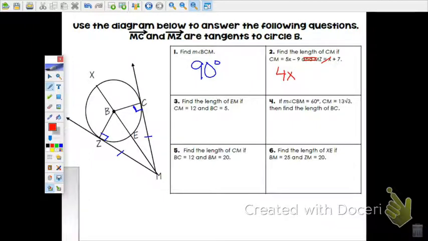I'm going to add 9 to the other side to get 16. So then x is equal to 4. They want the length of CM. So I need to plug that back in. CM is 5 times 4, which is 20, minus 9, which is 11. If I plug 4 in for MZ, 4 plus 7 also gives me 11. Quick way to check, make sure I did my math correct.